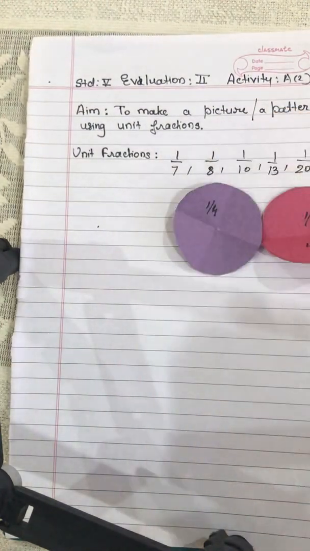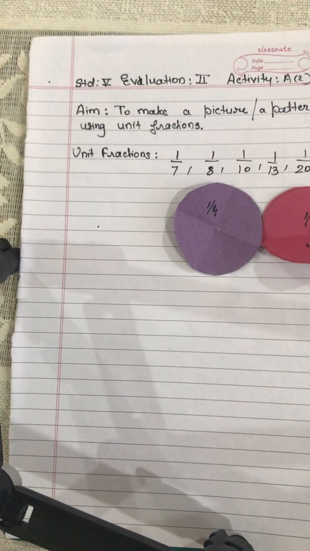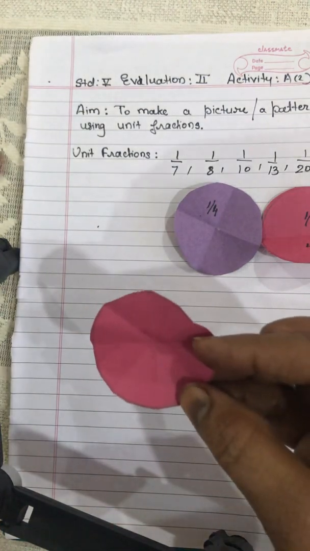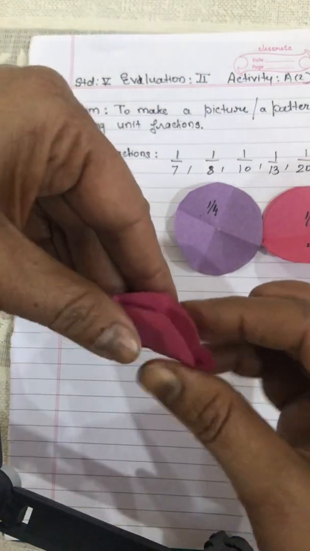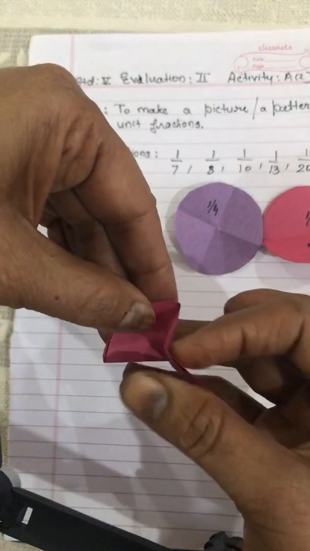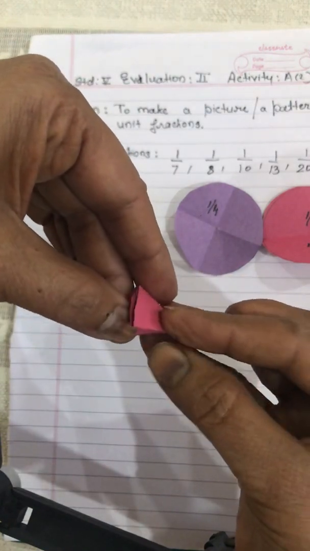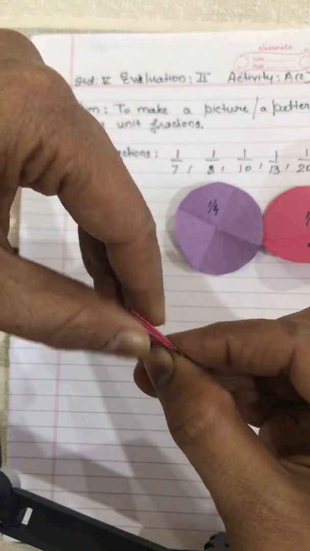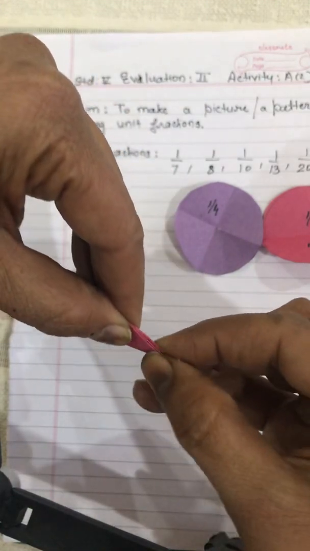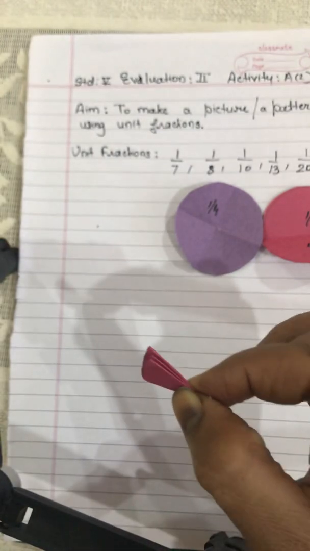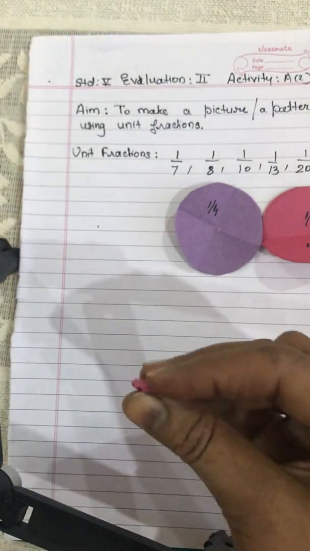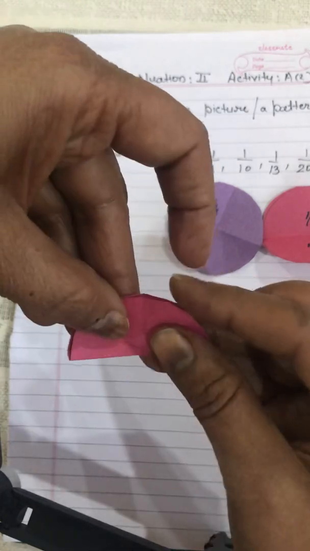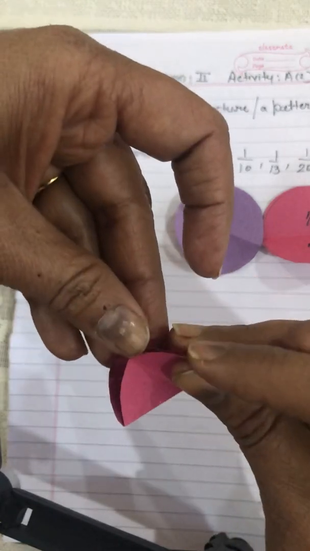Then I will take one more circle. This is the third circle. Now I will divide it into 2 equal parts first of all. Then one more time I will divide and one more time. So in this way I have divided the circle 3 times into equal parts. Okay. Now let us see in how many parts the circle is divided.